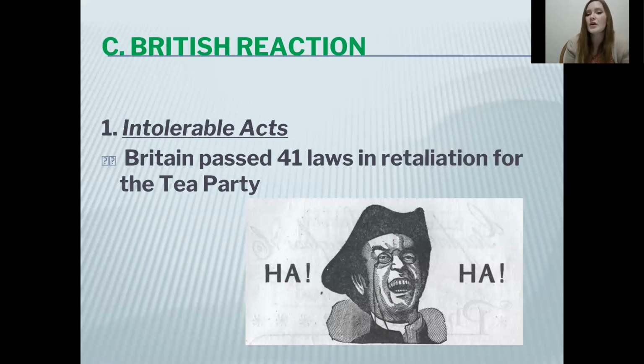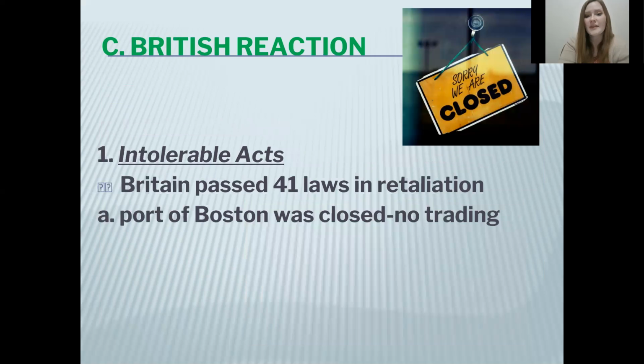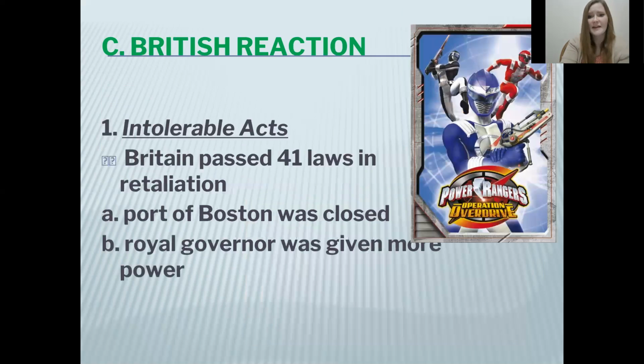Britain passed 41 laws that were pretty much in backlash to the Boston Tea Party. They locked everything down. They made it a lot harder for the colonists because they wanted to squash any rebellion that was going on at the time. They closed up the port, so there was no trading. Then the royal governor was given more power over the colonists, which was not something that they were looking for.